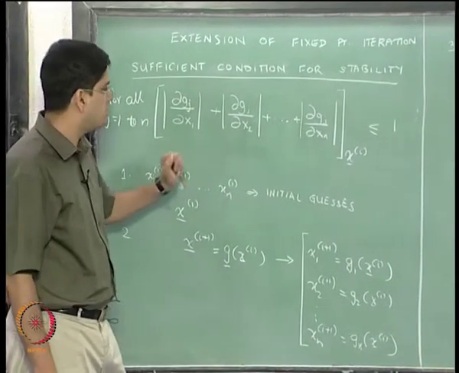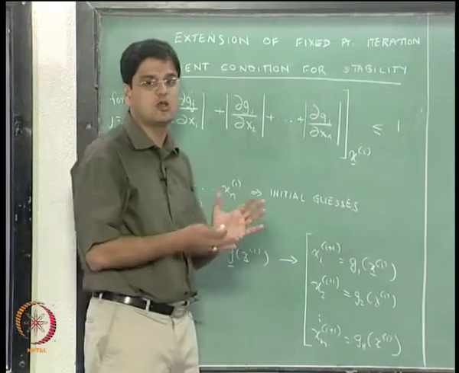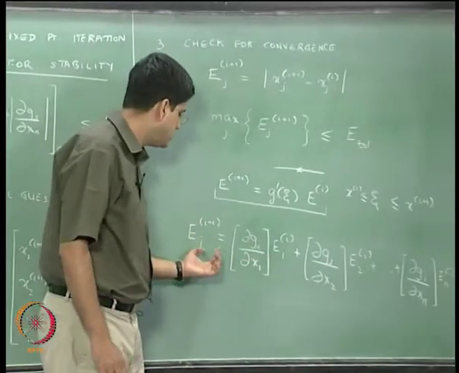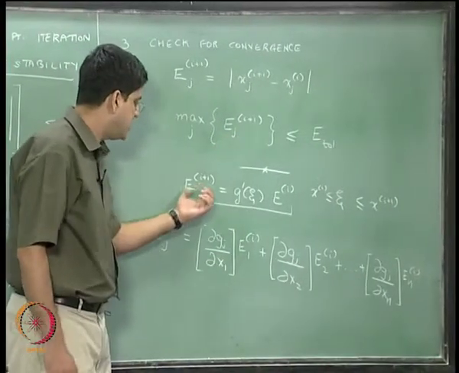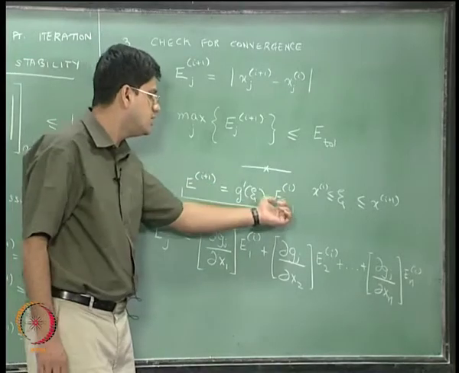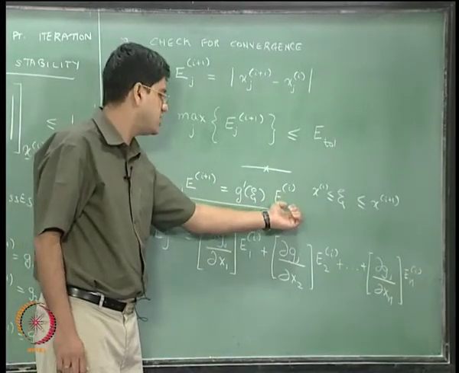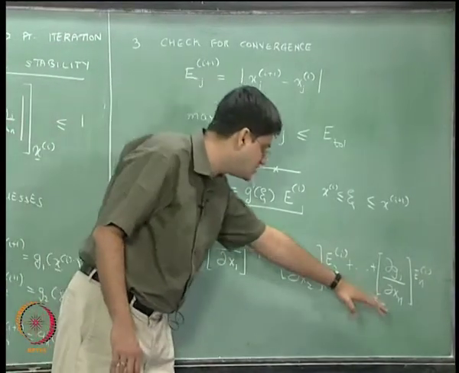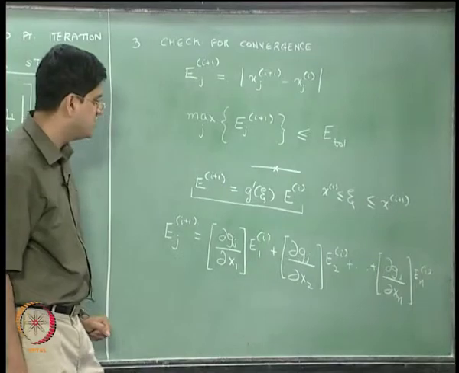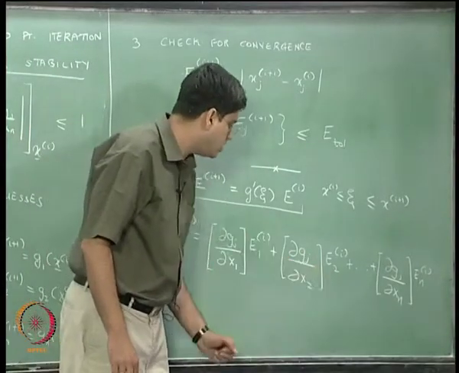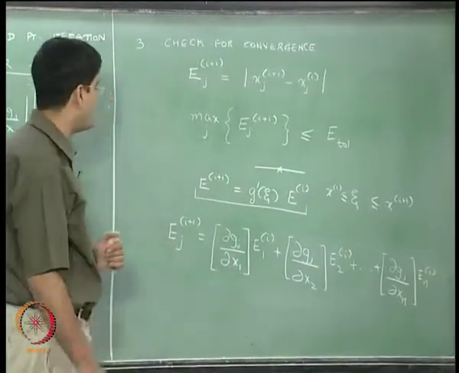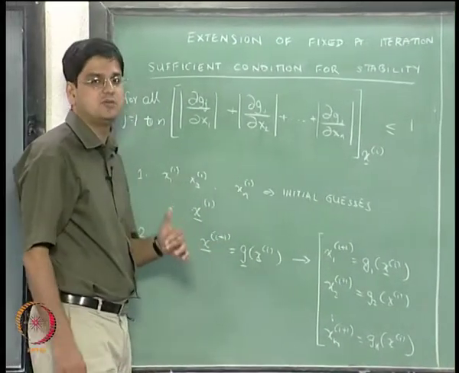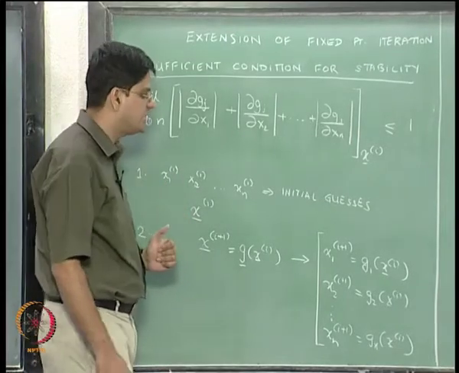Of course, the first problem is that the overall method is linearly convergent, as we have seen, the error e_i plus 1 is proportional to error e_i to the power 1. It remains linearly convergent in the multiple variable case also. The overall convergence is not guaranteed for a large number of problems of our interest.